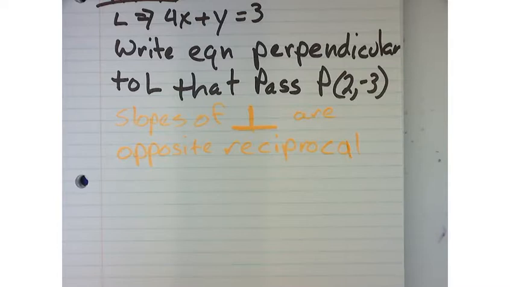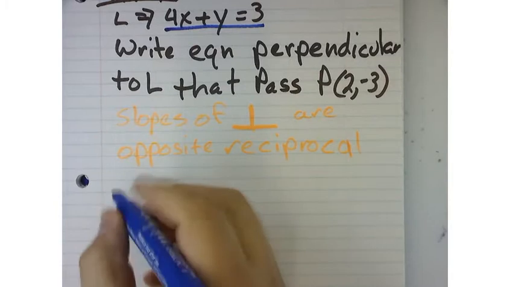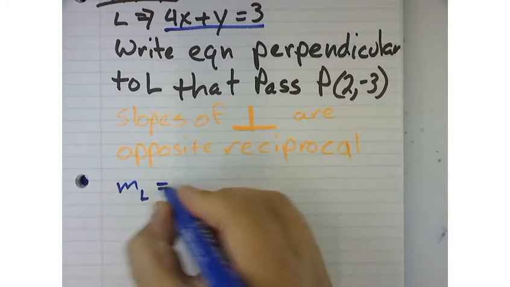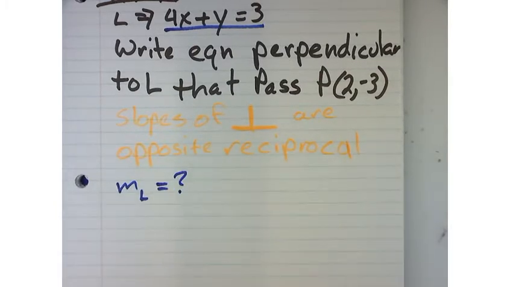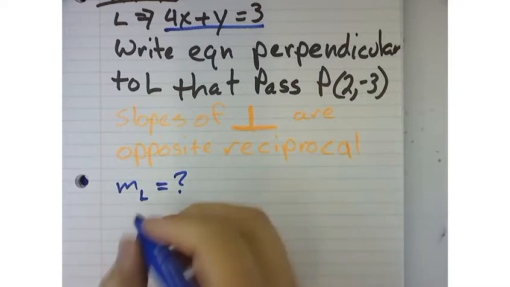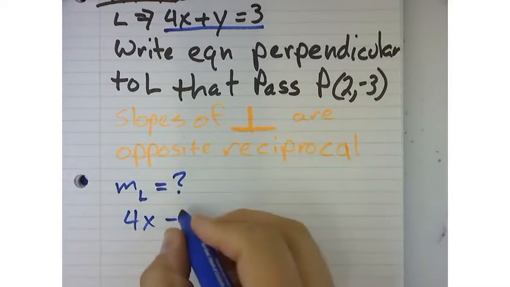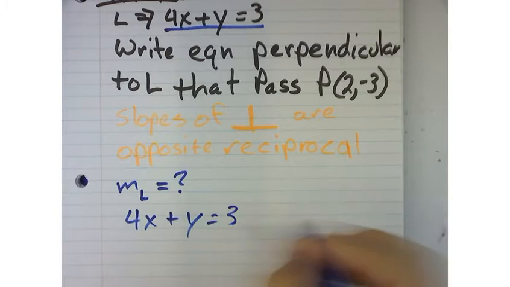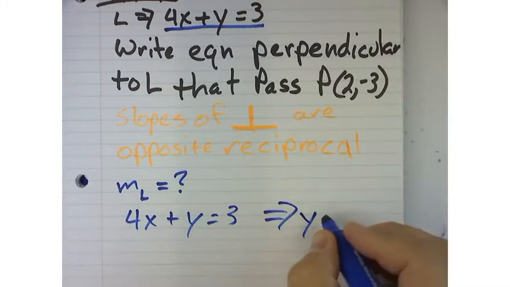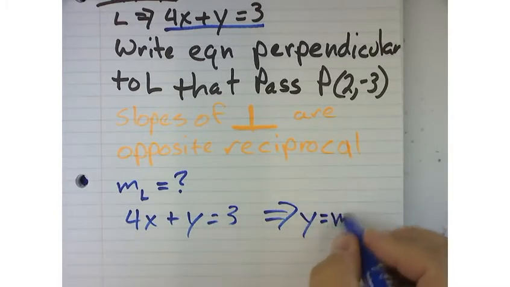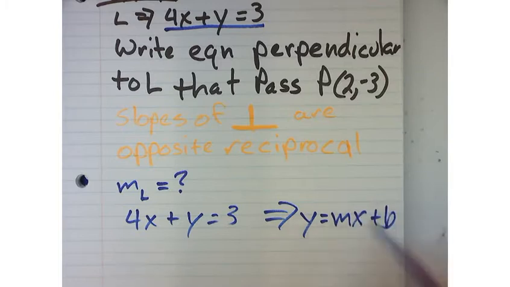All right. So now what do we need to do first? We need to find the slope of L, and that means that we're going to have to take this equation, which is 4x plus y equals 3, and we want to make it look like y equals mx plus b. How come?